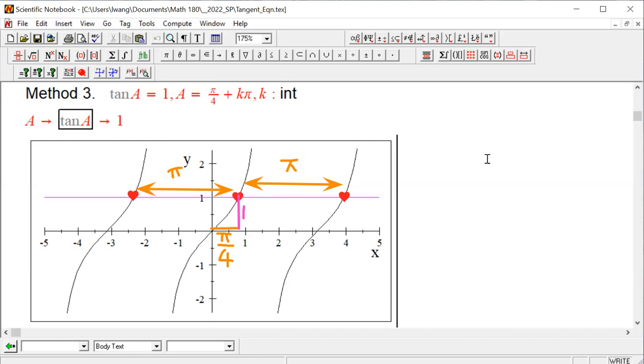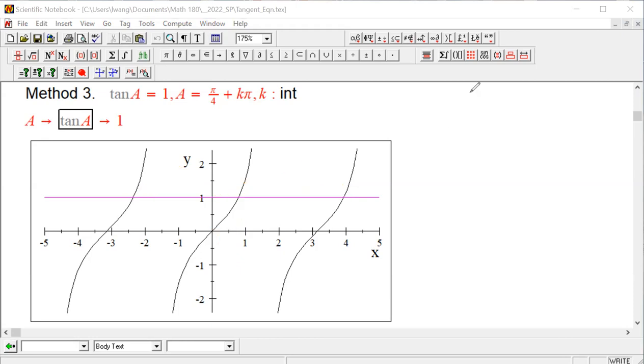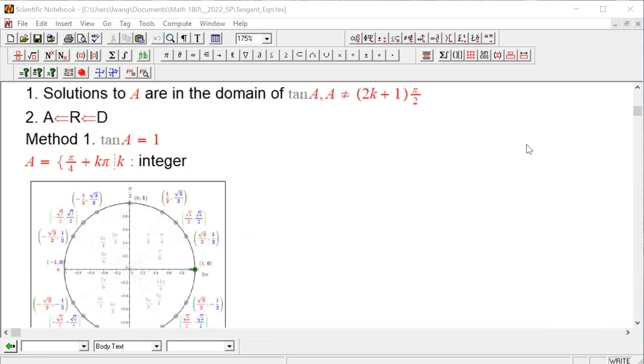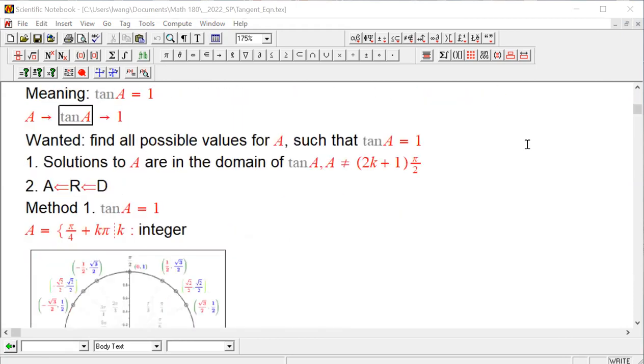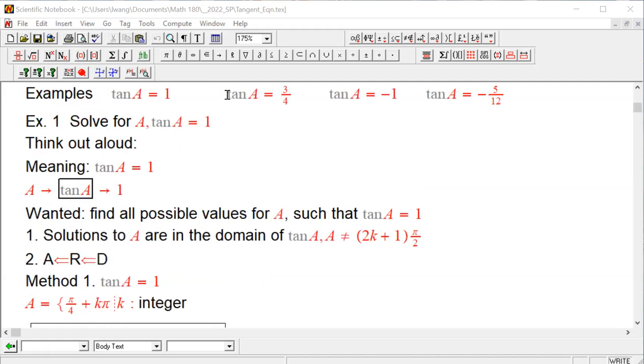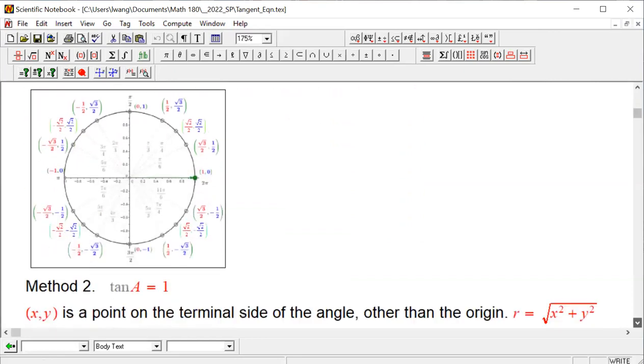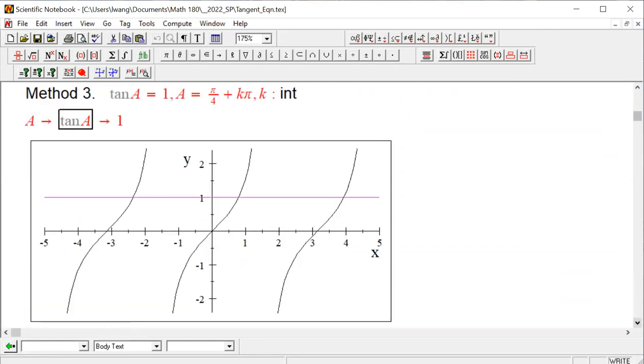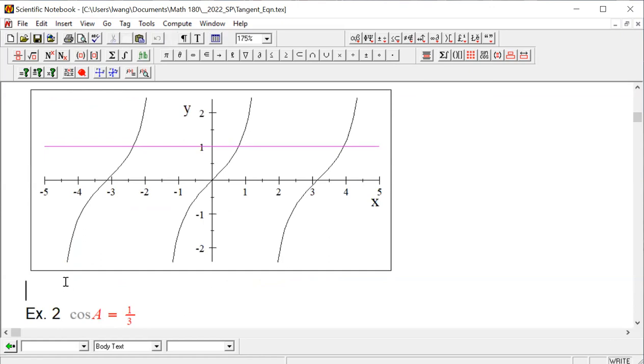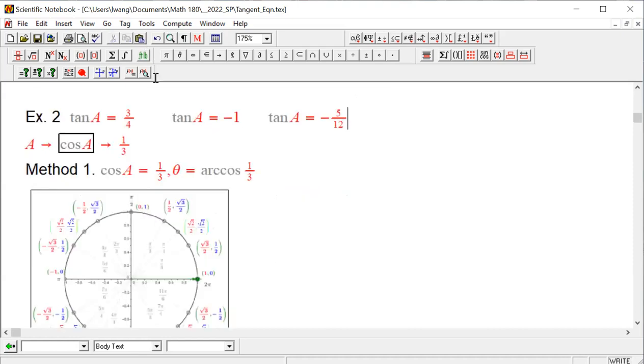So let's look at another example. Let's look at a non-special one. So let's look at our examples, right? We have a bunch of examples in our plan. So the next one is this 3 over 4. So I'm going to bring all 3 of them. Okay, example number 2, 3, 4, right?